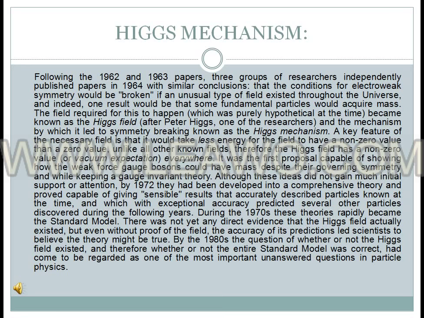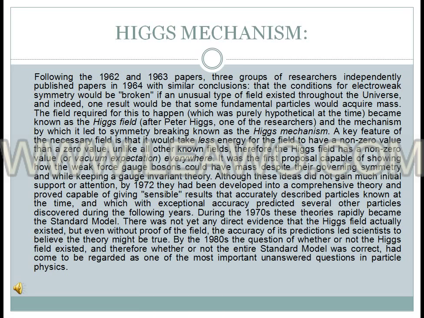And indeed, one result would be that some fundamental particles would acquire mass. The field required for this to happen, which was purely hypothetical at that time, became known as the Higgs field after Peter Higgs, one of the researchers, and the mechanism by which it led to symmetry breaking became known as the Higgs mechanism.